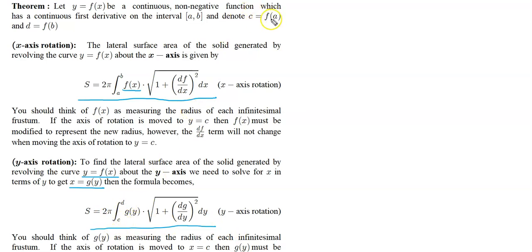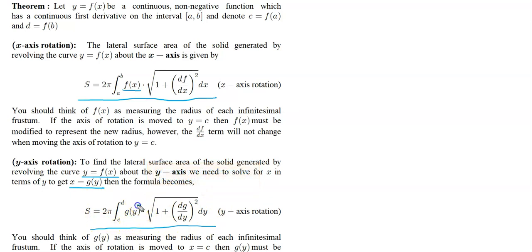Recall c was f of a, d was f of b. And then it's the definite integral from c to d of g of y times the square root of 1 plus the derivative of g with respect to y, squared. And all of this is underneath the square root. And so this is our formula for rotation around the y-axis.